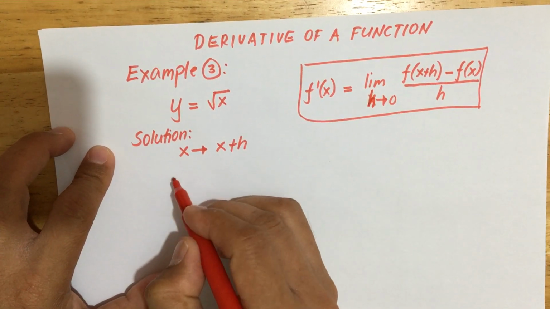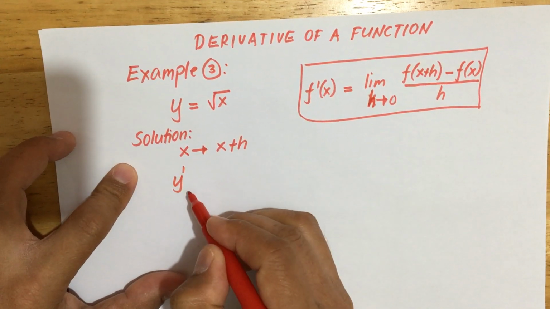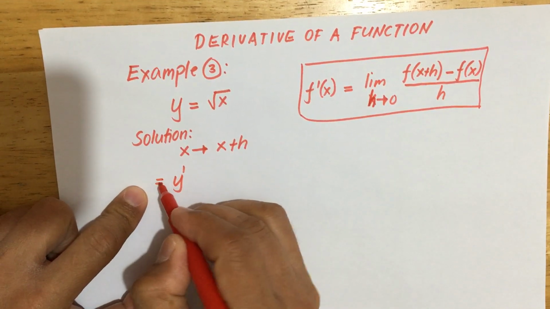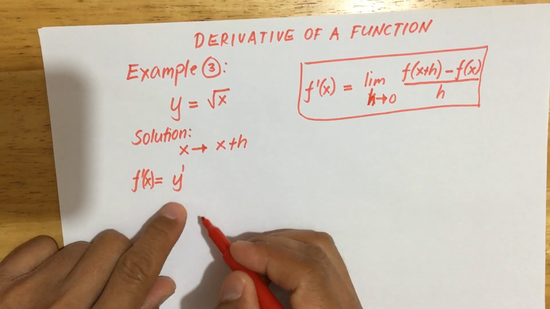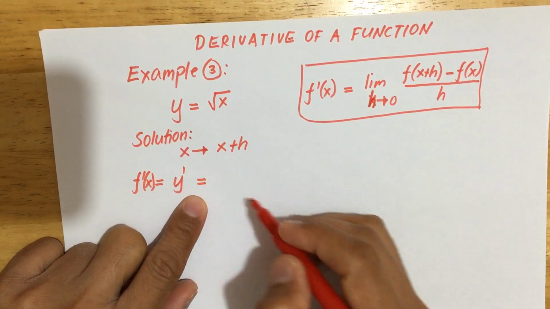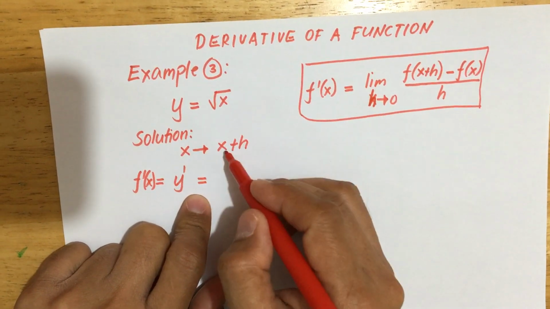So therefore we have y prime. Remember that y prime is just the same as f prime of x. So this is equivalent to, change x to x plus h.